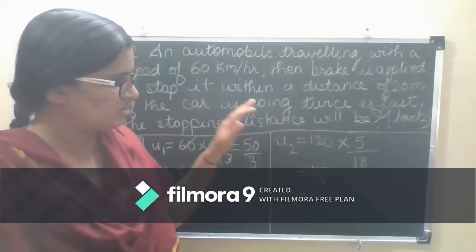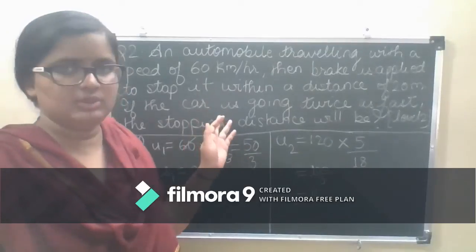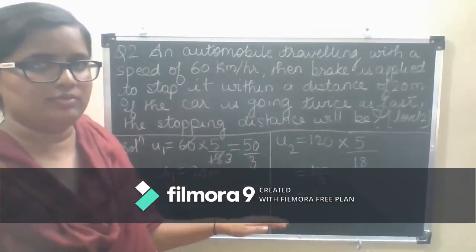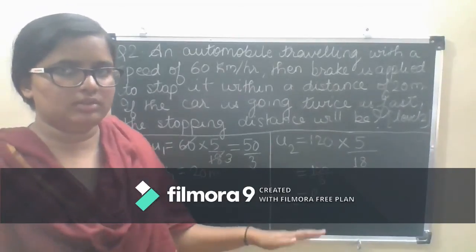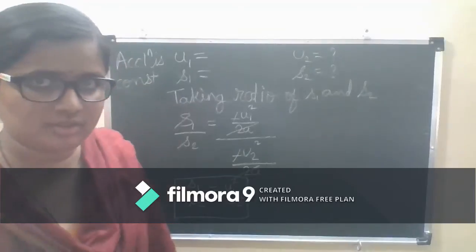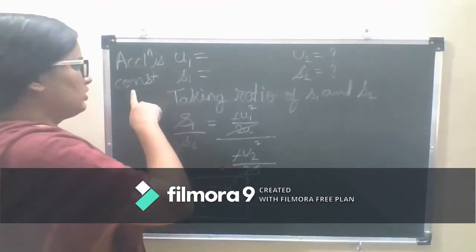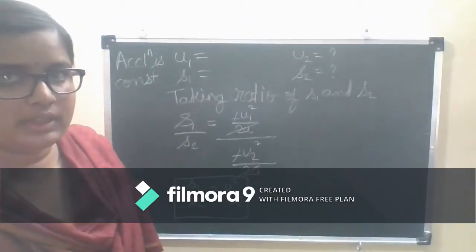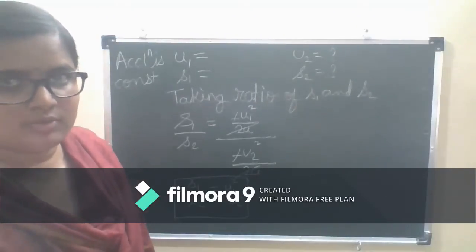This problem is very lengthy, so while solving this we should calculate carefully. Now we see that in this problem the acceleration is constant. If the acceleration is constant, I will take the ratio of s1 and s2.